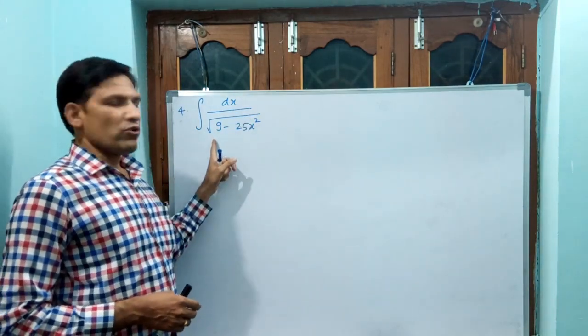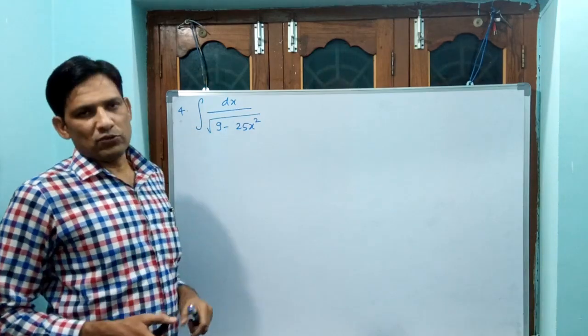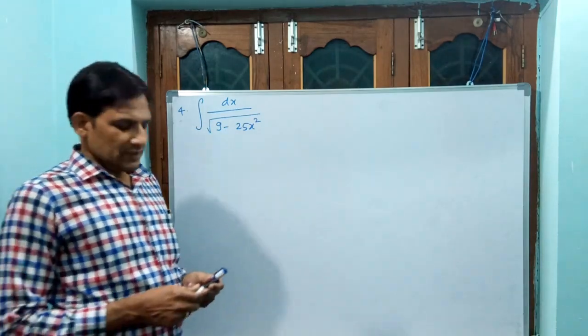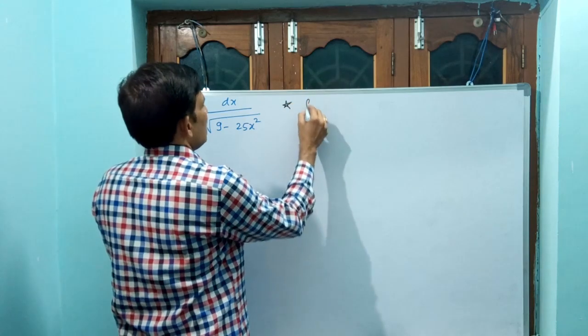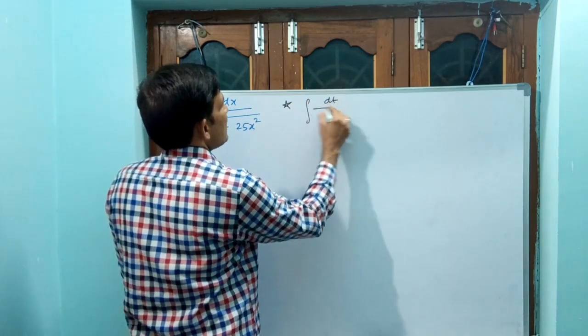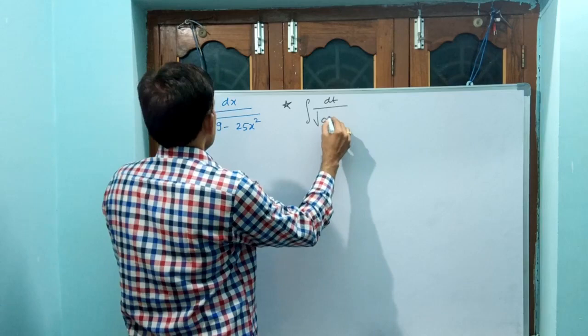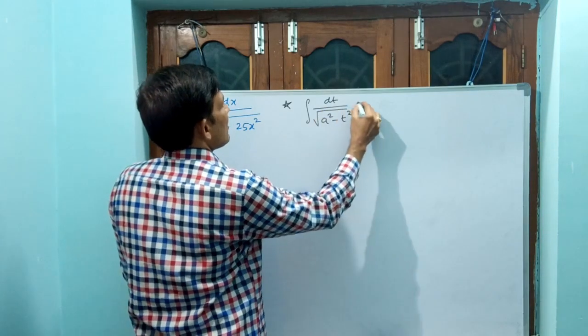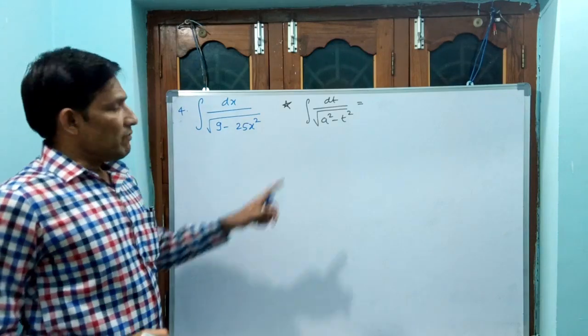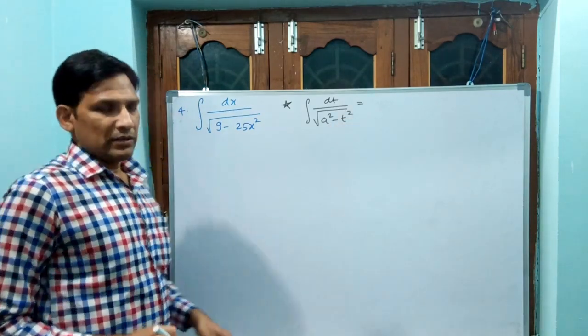Integral dx by square root of 9 minus 25x square. Equivalent formula I am writing, you see. Integral dt by square root of a square minus t square is equal to, but square root is there, 1 by 2a will not come.